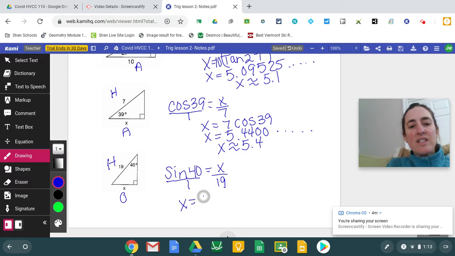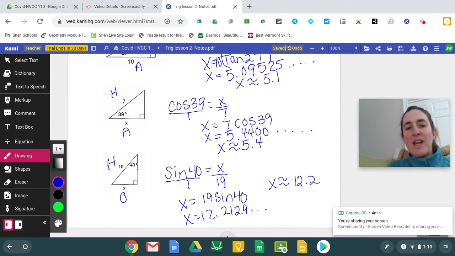So x equals 19 times the sine of 40. If I punch that in on the calculator, 19 sine 40, I end up with 12.2129... which is approximately 12.2 when you round that to the nearest tenth.